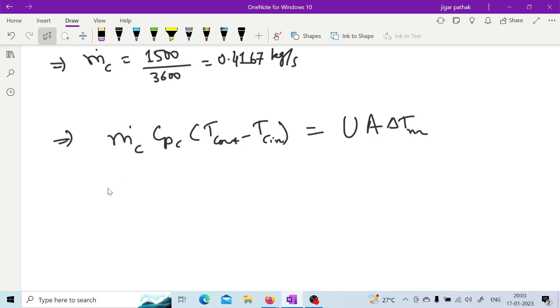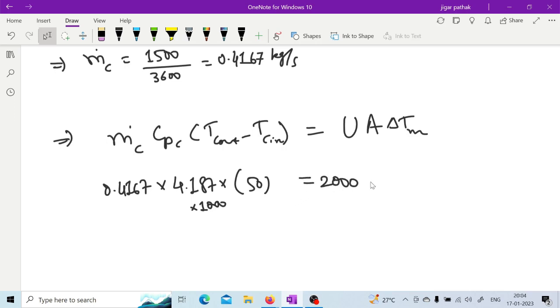So MC you have calculated as 0.4167. CPC you know 4.187. Then T out minus T in you know 50. Here it is kilojoule, right? So we need to multiply it with 1000 also. 4.187 into 1000. Right. This can be equated to this UA delta Tm.